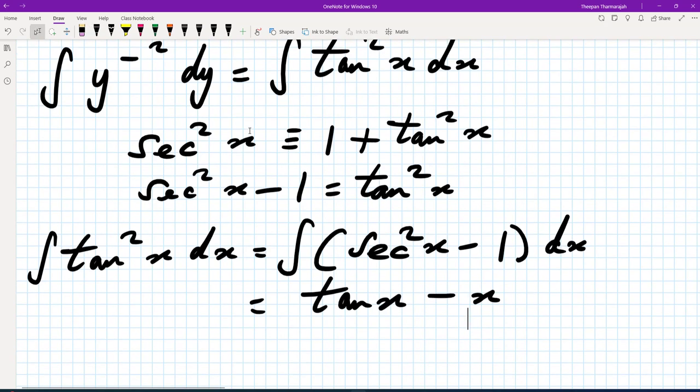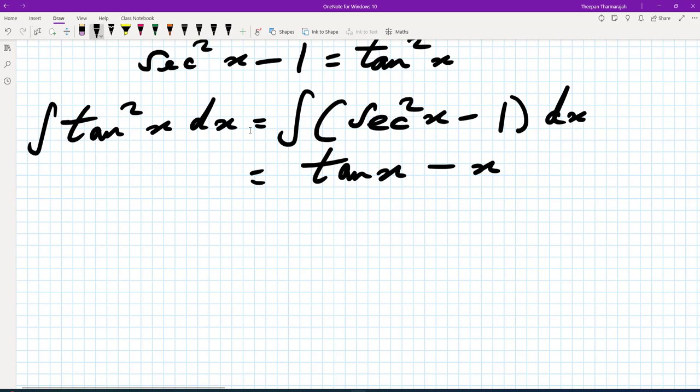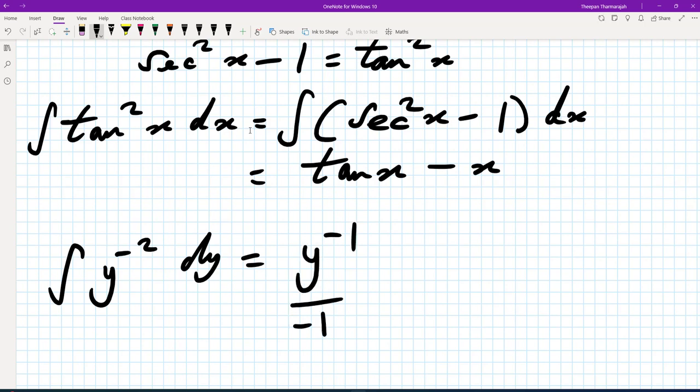So let's integrate y to the power minus 2 dy. That simply gives me y to the power minus 1 over minus 1. We don't need to worry about the arbitrary constant, we've already got that. So that's going to be minus y to the power minus 1, or in other words, minus 1 over y.